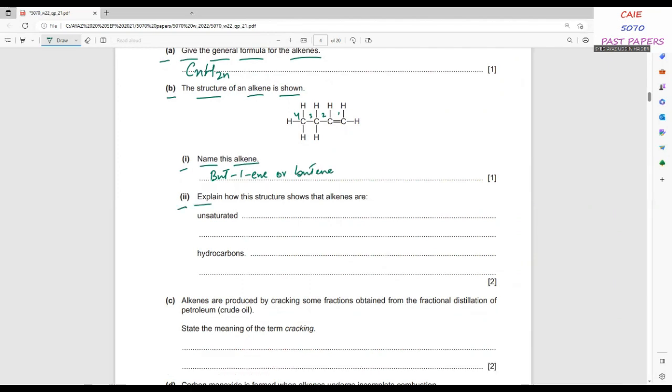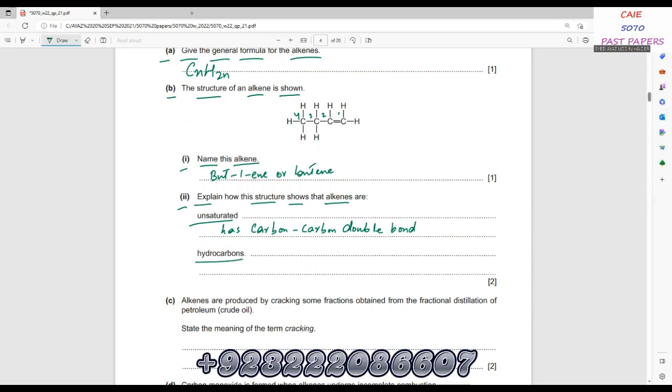Number 2, explain how this structure shows that alkenes are unsaturated. Unsaturation means it has carbon-carbon double bond. So it has carbon-carbon double bond.